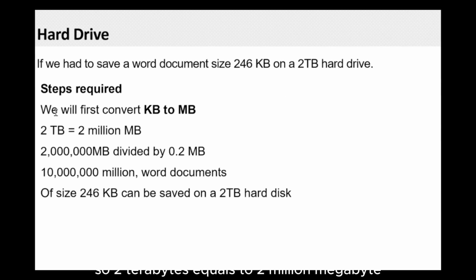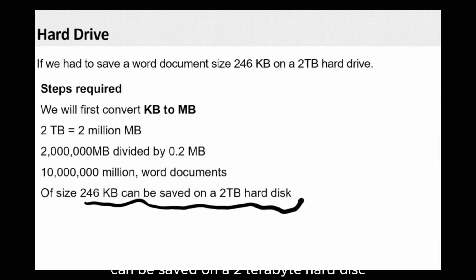So, 2 terabytes equals 2 million megabytes. Then you would divide that by 0.2 megabytes. That will give you 10 million word documents. So size 246, which we are looking at, can be saved on a 2 terabyte hard disk.